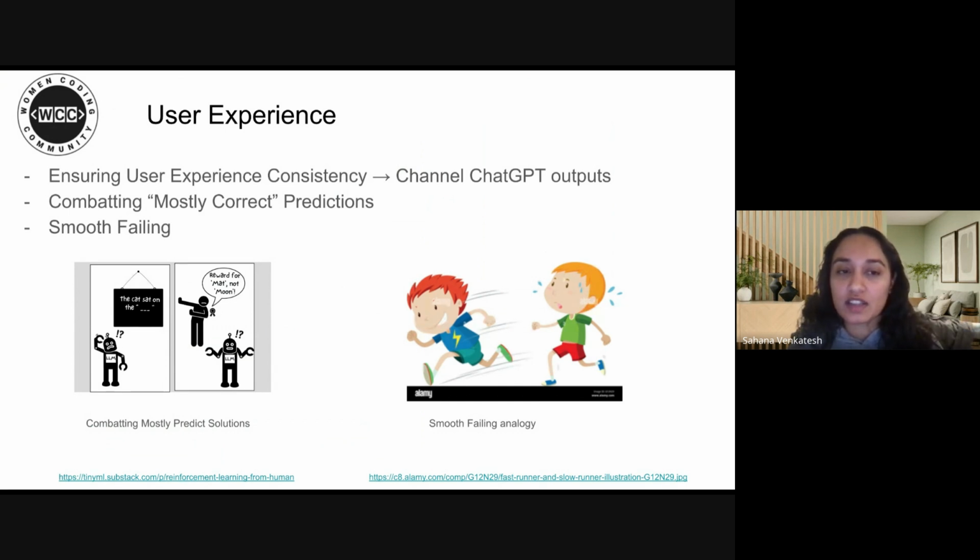One of the things about ML systems is that they are probabilistic, and one of the few things users look out for when they use an app is consistency. You can imagine that when we give the same prompt to ChatGPT, we get different outputs. And imagine building a downstream system behind this.